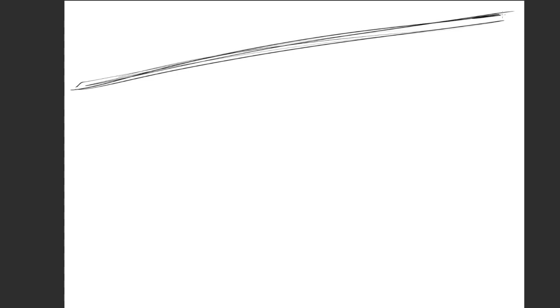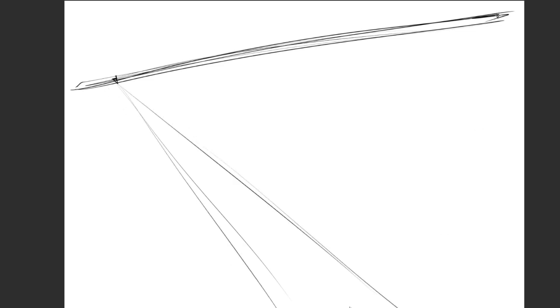You can also notice the lower vanishing point, the one at the center of the earth. For example, let's say there's a vanishing point here, maybe a road, and there's another vanishing point over here, maybe another road.